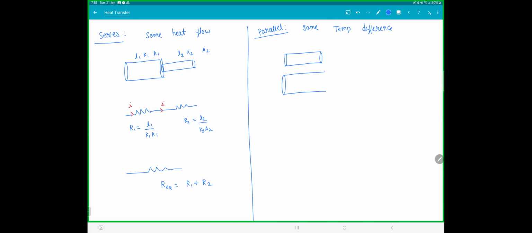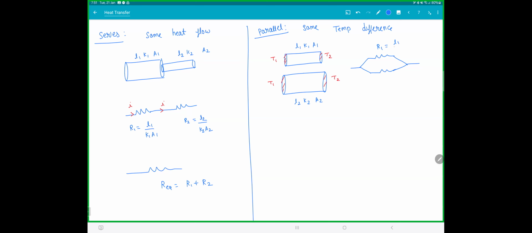So if you have two rods like this side by side, let's say L1, K1, A1, L2, K2, A2. This is T1, T1, T2, and T2. The temperature difference is the same. You can write them like two resistors in parallel.